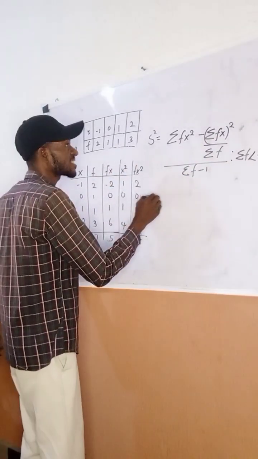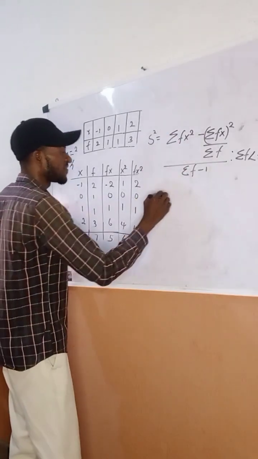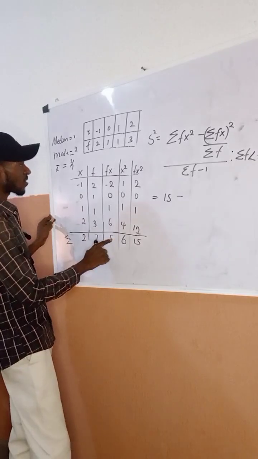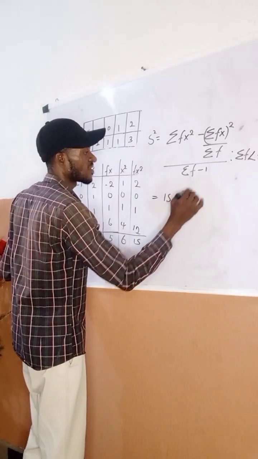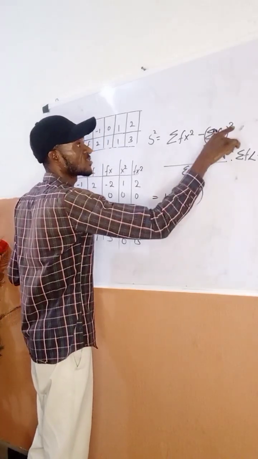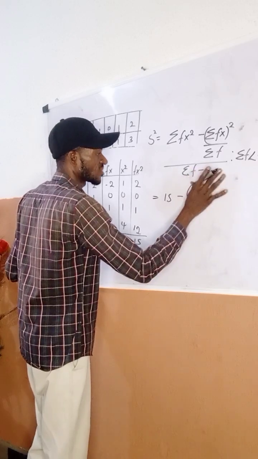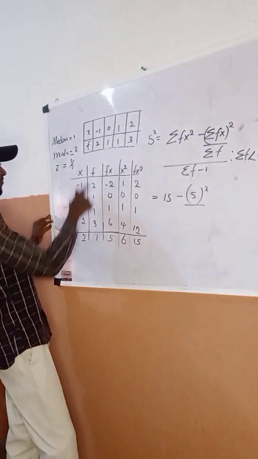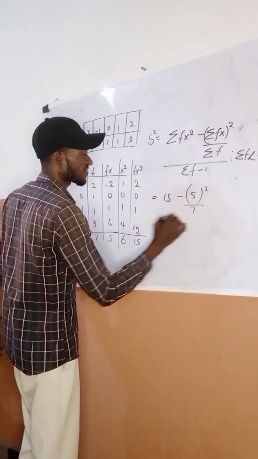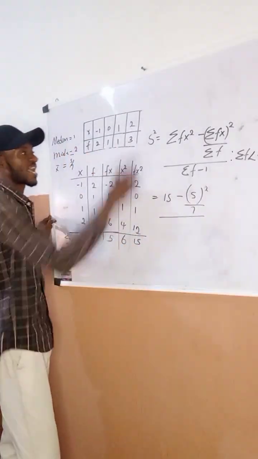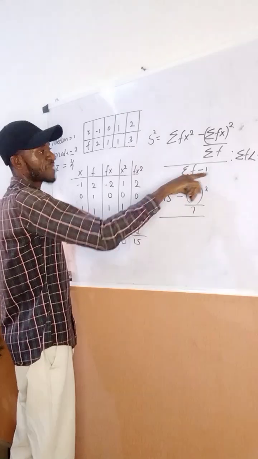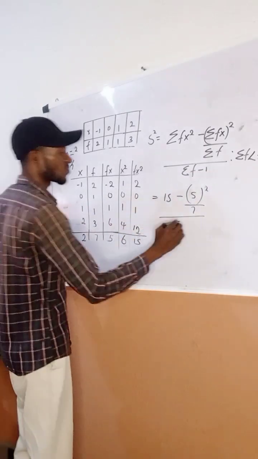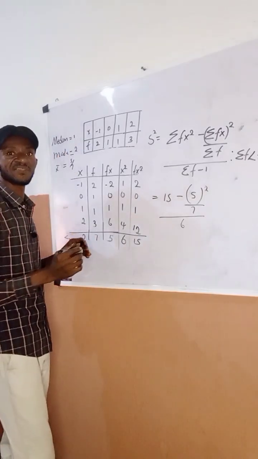So in that case, in place of summation of fx squared, I'll write 15 minus, in place of summation of fx, I'll use 5. Because it is squared, I will square it, all over, in place of summation of f, 7. I'll use 7 here, all over summation of f minus 1, which is 7 minus 1, which is going to give me 6.